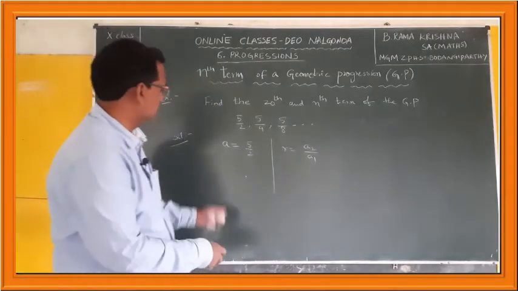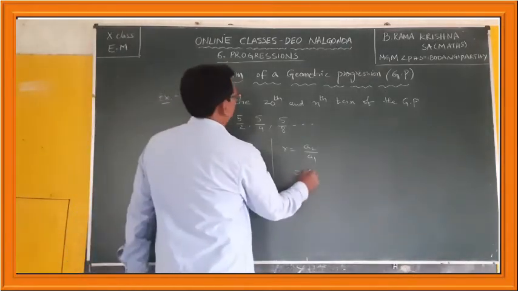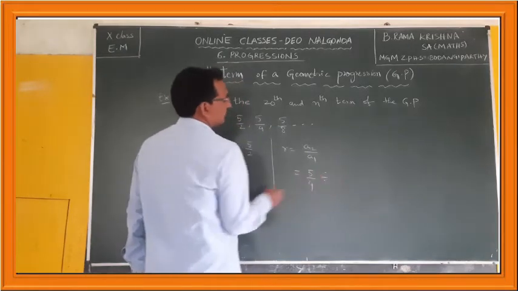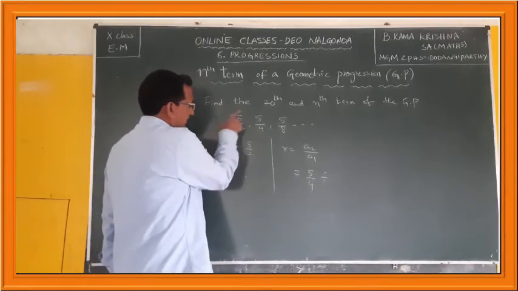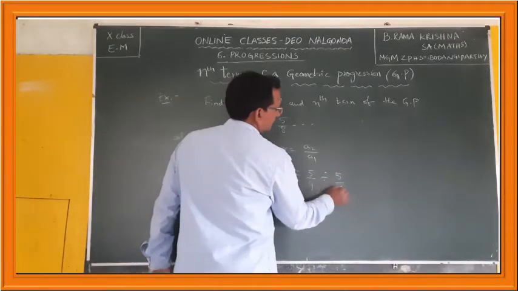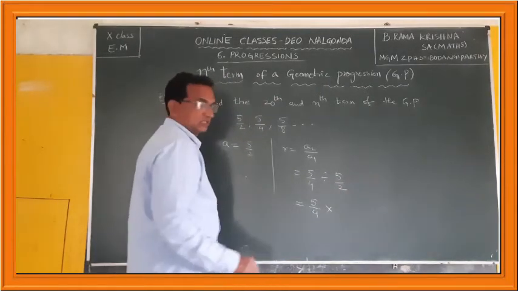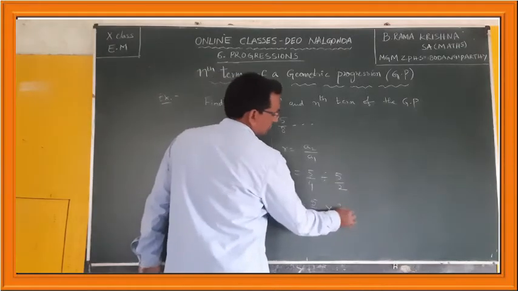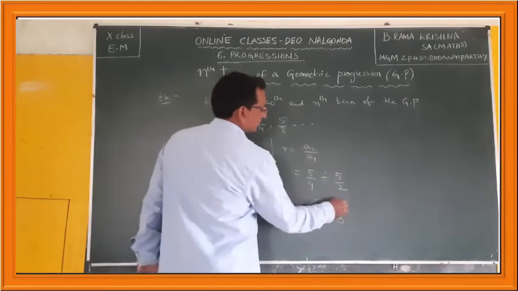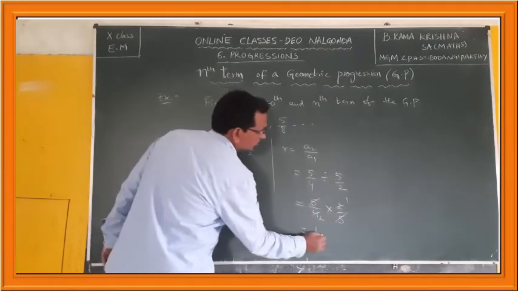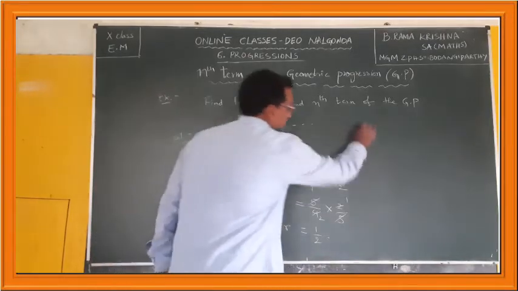In AP it was a2 minus a1, here it is a2 by a1. You have to calculate 5 by 4 divided by a1, which is 5 by 2. Simple. Replace the division sign with multiplication and write the reciprocal. Cancel these things, and 2 1s are 2, 2 2s are 4, which gives 1 by 2. Therefore, r equals 1 by 2.